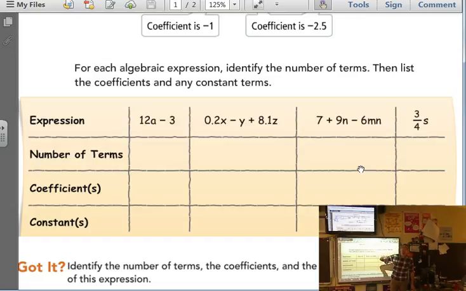I can't hear you, dude. A constant, right? So we have a variable term, a constant term. How many terms do we have? 2. We have 2 terms. So put a 2 in that table. Right, Maylee? What is my coefficient in that value, CJ? What coefficient exists there? 12, because it's the multiplier on the variable.